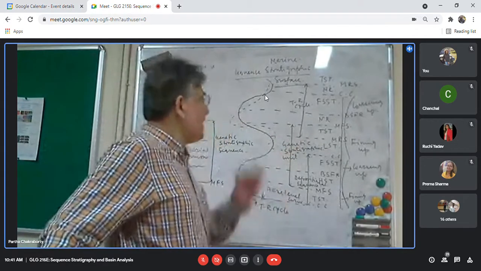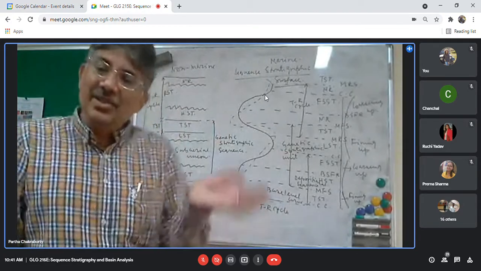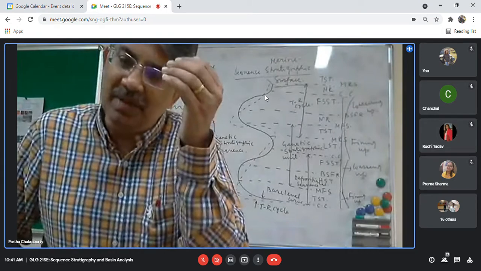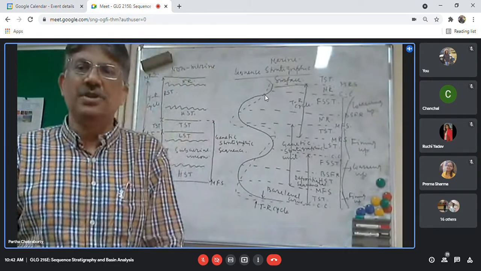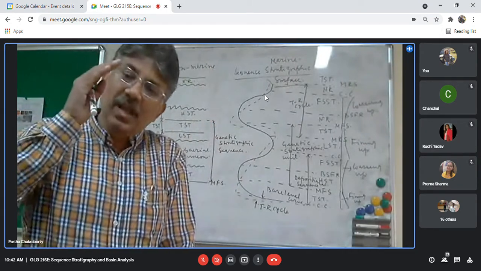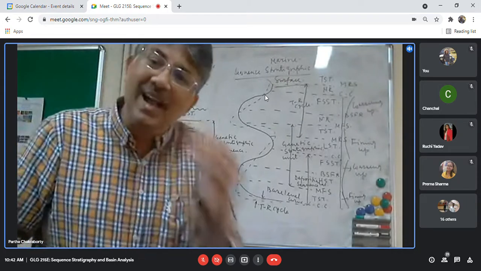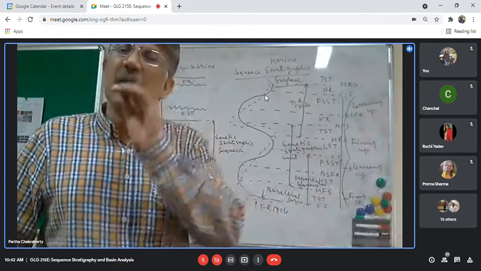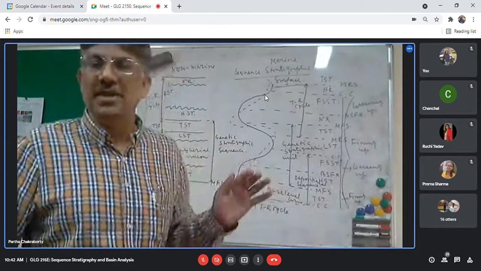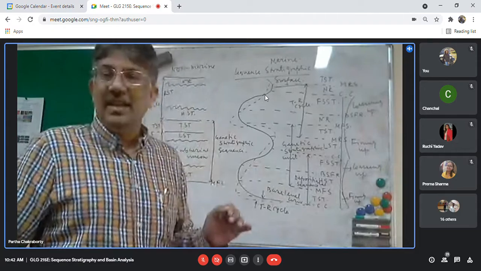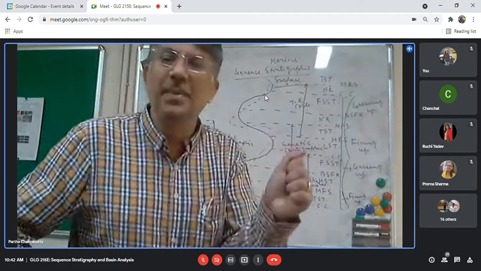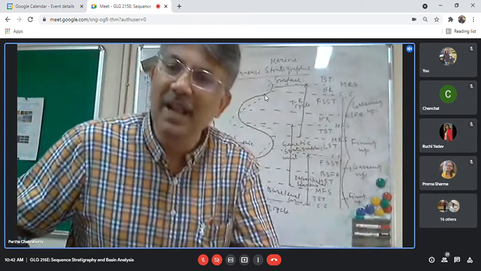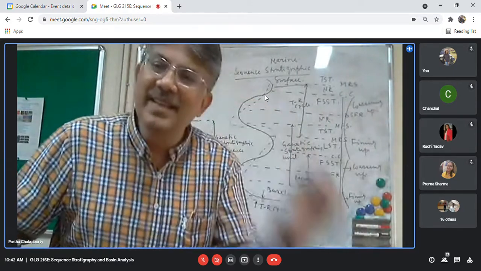Then afterwards, when the Exxon group came, they proposed that the subdivision will be based on unconformity. So the flooding surface is gone. Now the question is how the unconformity will be picked up, because an unconformity is where there is a depositional gap and an erosion.